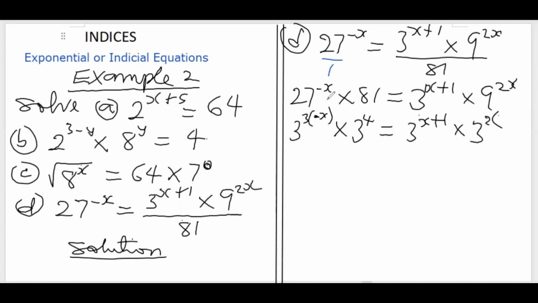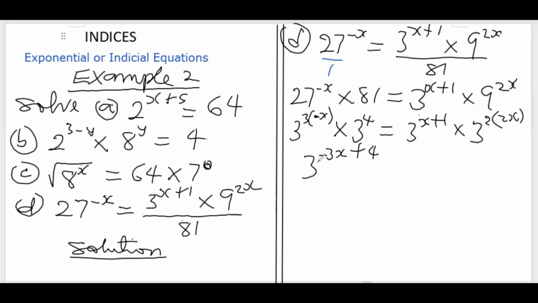But because the new power will multiply the old power, here, just the left-hand side, since the bases are the same, use the multiplication law of indices. So we have 3 to the power of 3 times negative x, which is minus 3x. Then add this 4. You are adding the powers together.